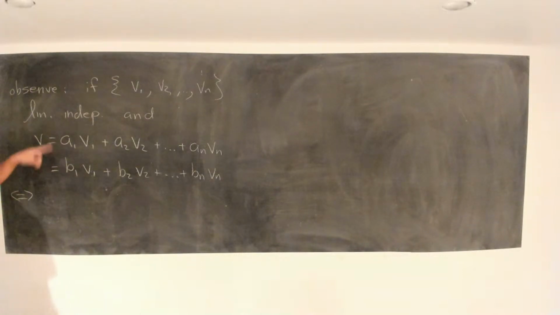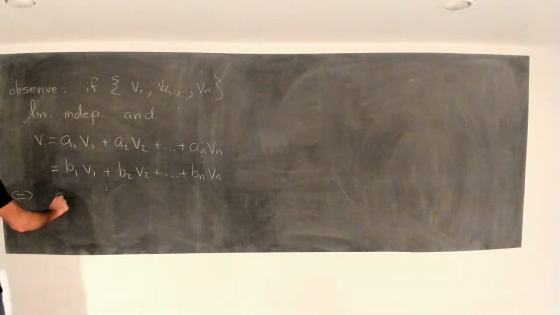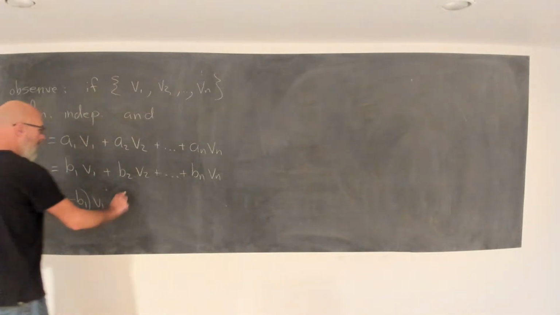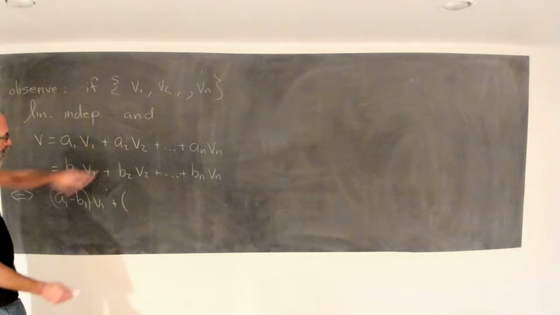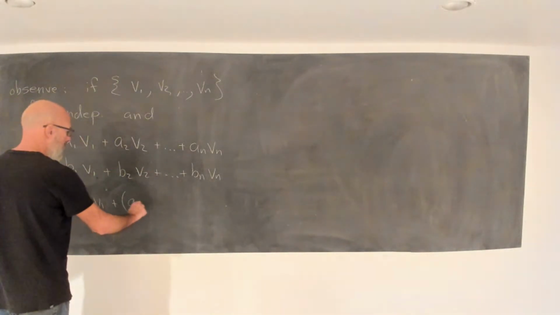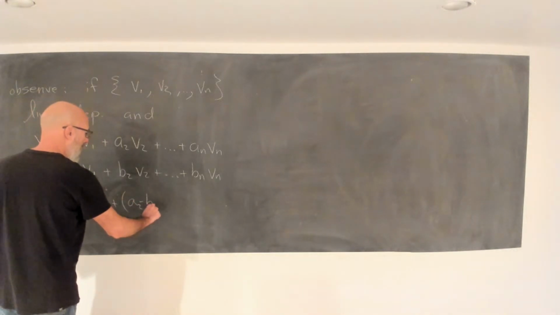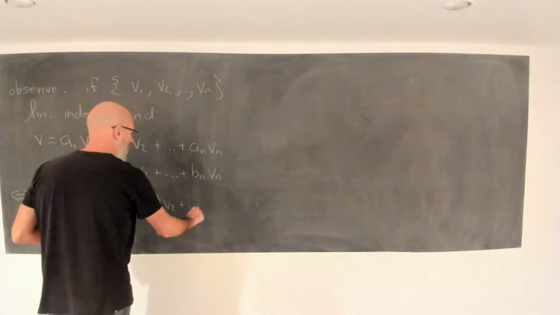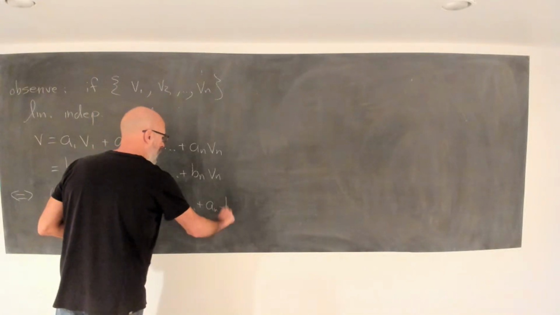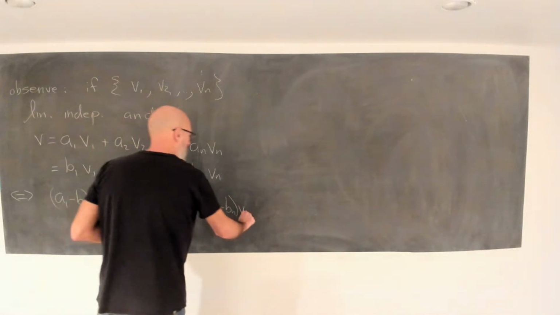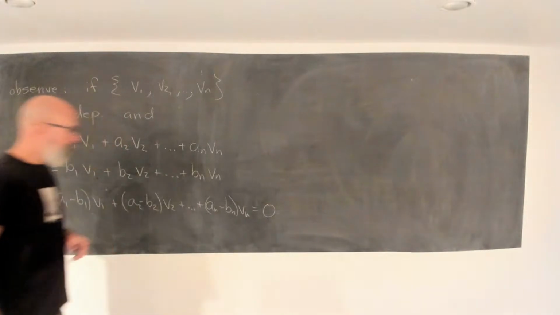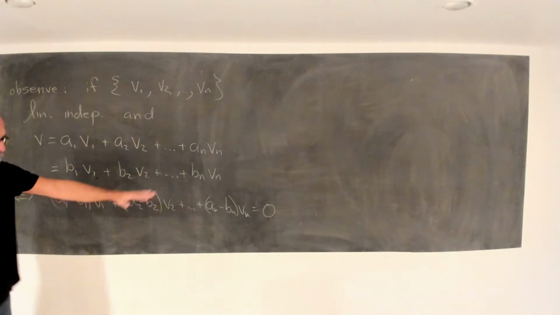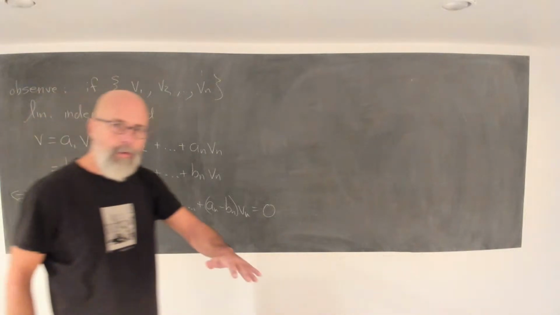This is equivalent, so if and only if a1 minus b1 times v1, I'm bringing the b's to this side and factoring out v1 and v2 and so on. So then you have a linear combination equal to 0.